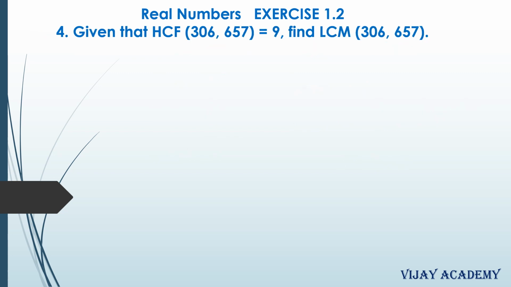Next, question number 4. So HCF of two numbers is given and we need to find the LCM of the two numbers. So here HCF and the two numbers are given. We are supposed to find the LCM. So let us use the relation between the numbers. So the relation is HCF into LCM of two numbers equals the product of the two numbers.